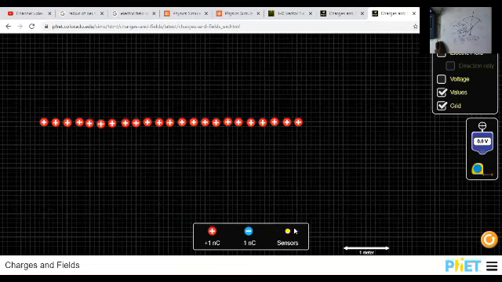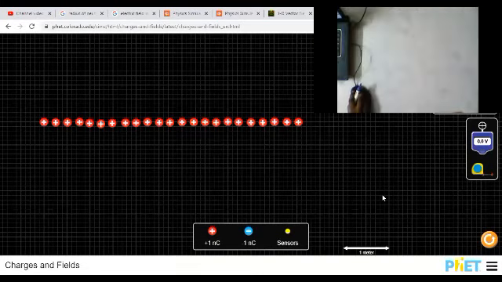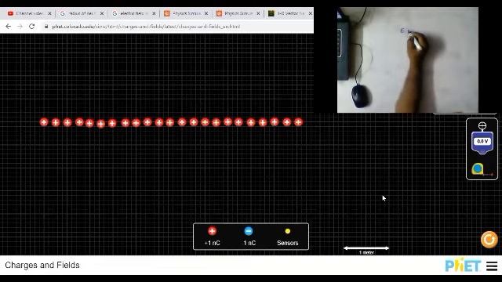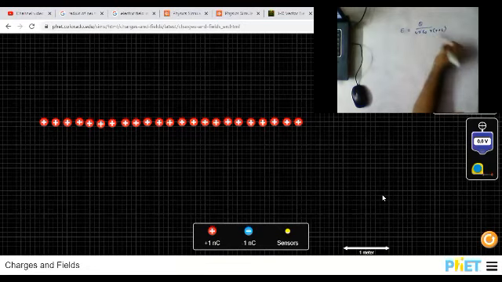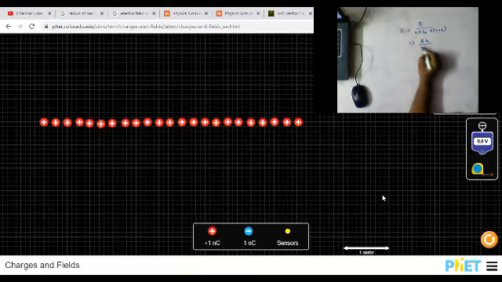First we will discuss the axial point, and the formula for the axial point is E is equal to Q by 4 pi epsilon R into R plus L, or we can write it as QK by R square plus RL.